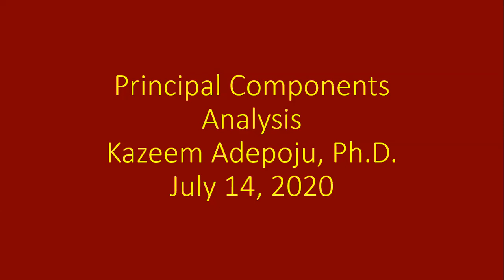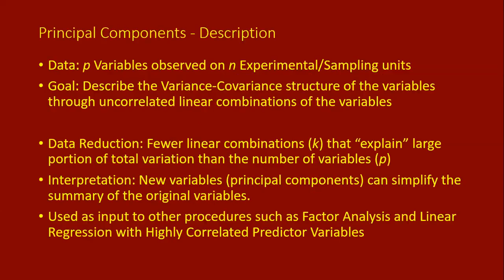Let me tell you that with principal component analysis, if you look at our data set in a multivariate setting, we have p number of variables that are observed on n experimental units.